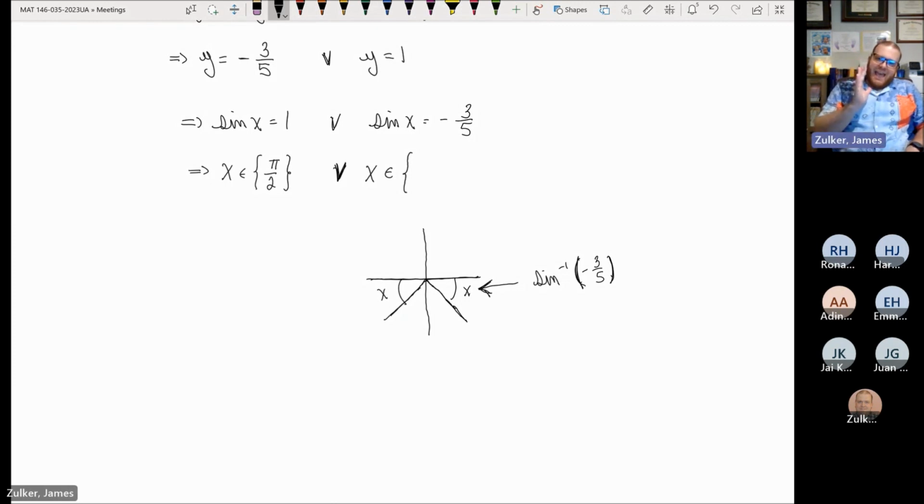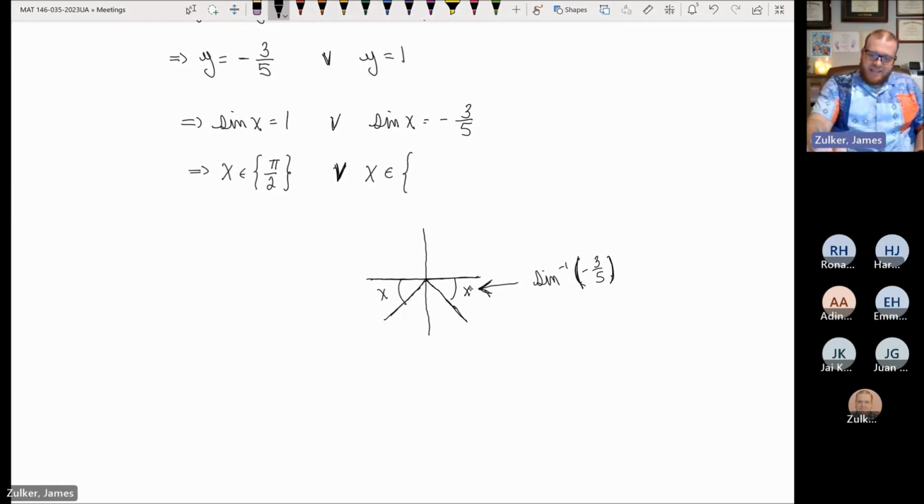So how can we get that to be an angle between 0 and 2 pi? No, we want it in the exact same quadrant.